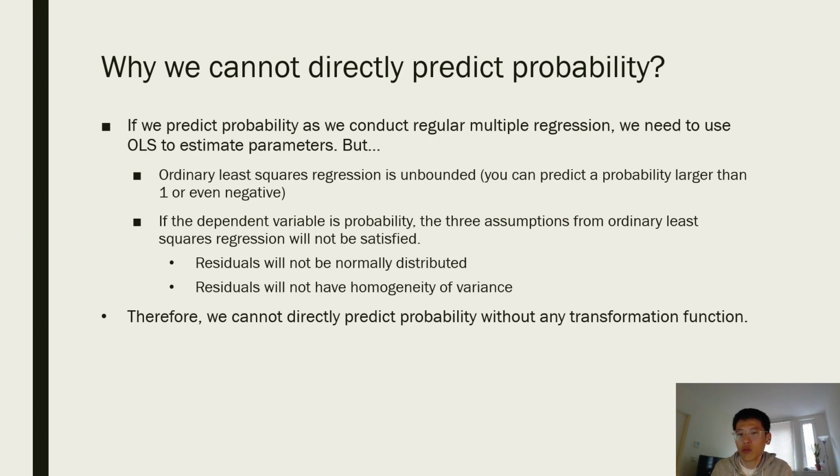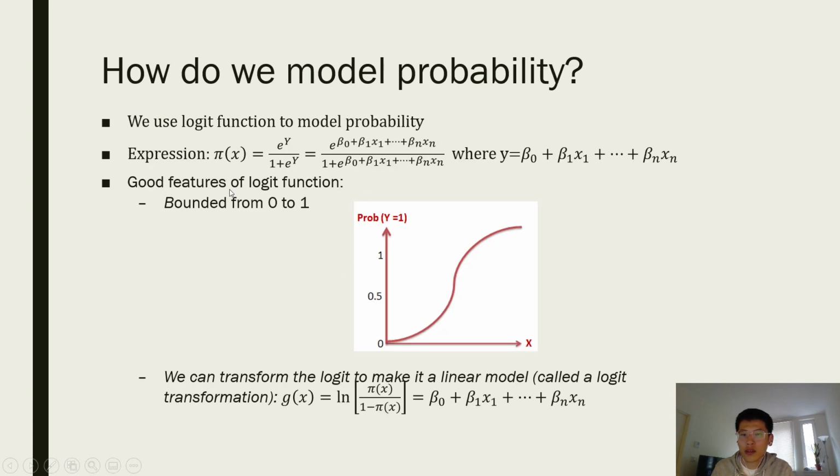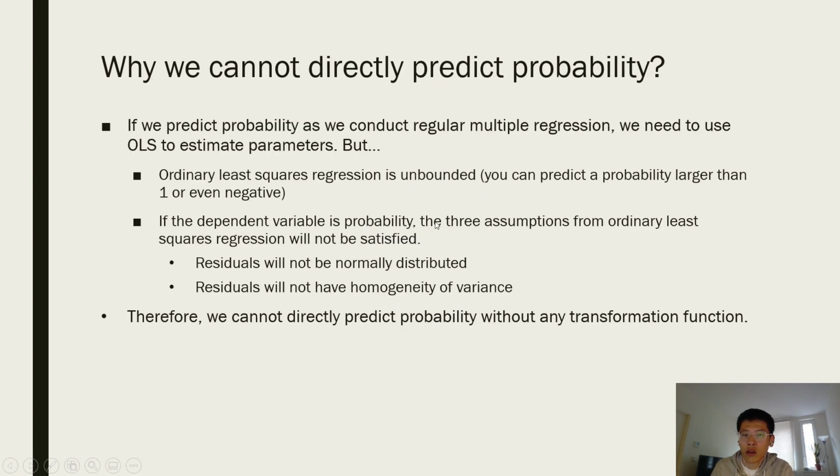So we use this linking function, the logit function, to link our set of predictors to the probability. You can also say that this kind of linking function is called a generalized linear model.